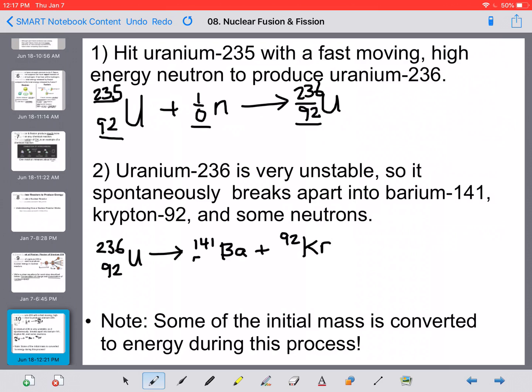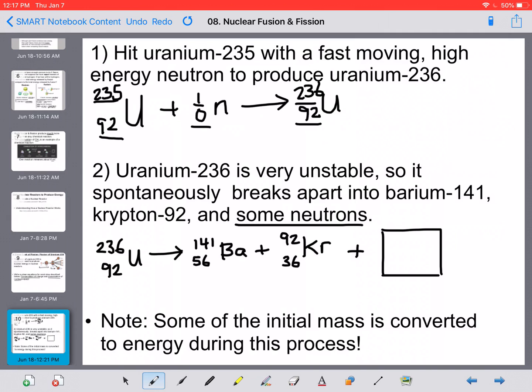So barium's atomic number is 56 and krypton's atomic number is 36. And it's also telling us here we have some neutrons. So to finish the equation, we have to figure out how many neutrons go right here in this box.